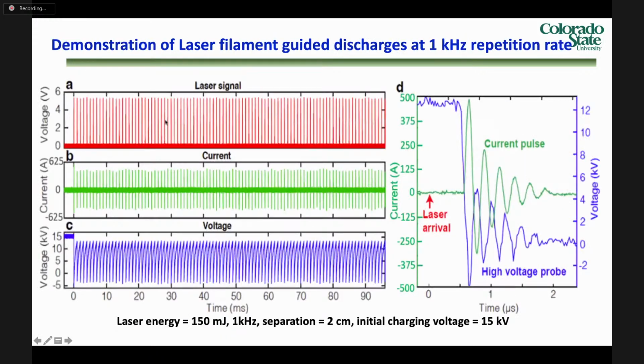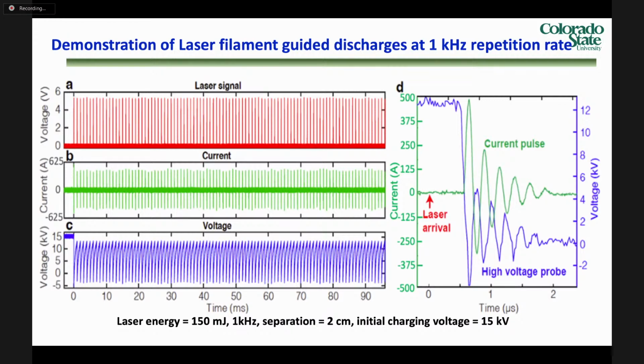The first is just electrical data. What you see on the top frame here on the slide is the output of a photodiode monitoring the arrival of the laser pulses at a kilohertz. So there is 1 millisecond separation between these 2 laser pulses. Each laser pulse that arrives causes breakdown and causes a discharge.